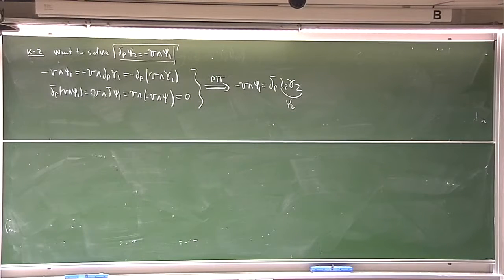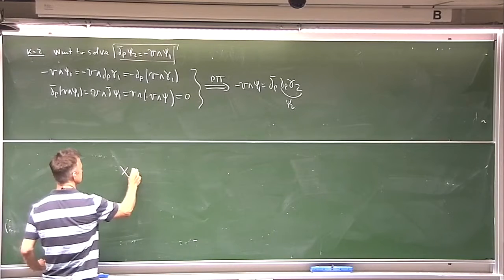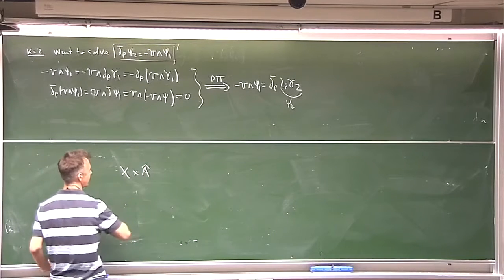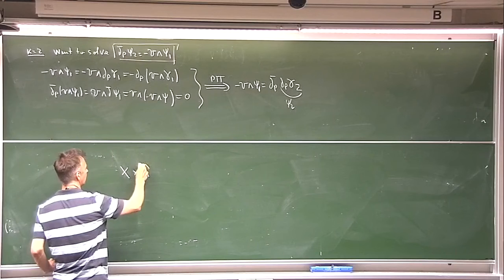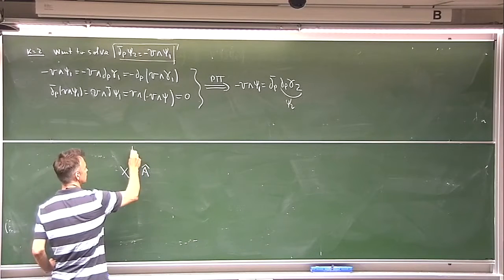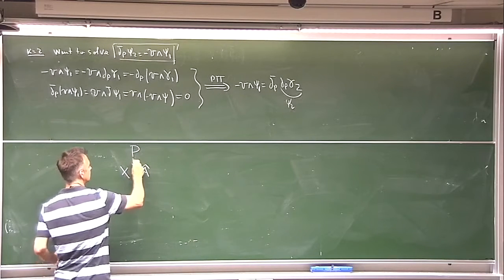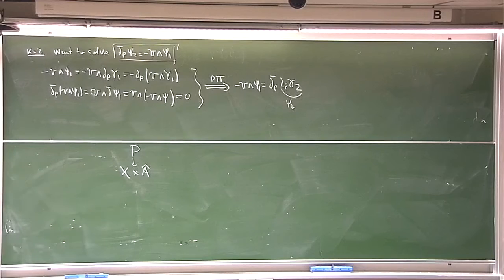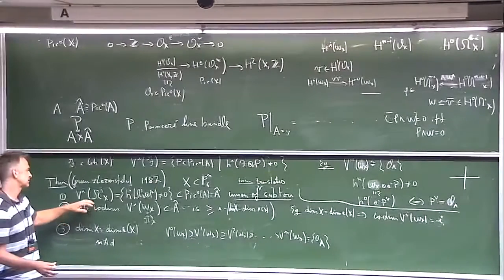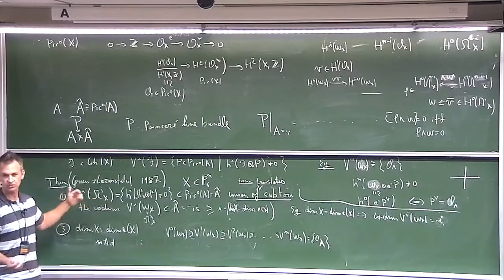You have X times Pic^0 of X, and by abuse of notation, let me denote by P the Poincare bundle. Chris, it's okay. So now you're explaining number 2 or what? Yes, I'm about to move on to number 2. But before I do that, I'm going to sort of explain a fancy version of number 1, essentially.